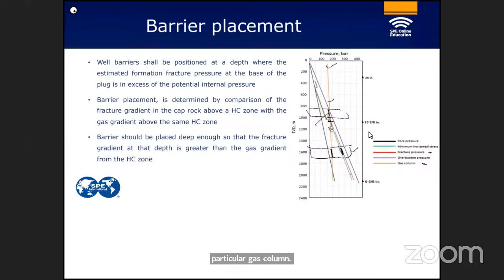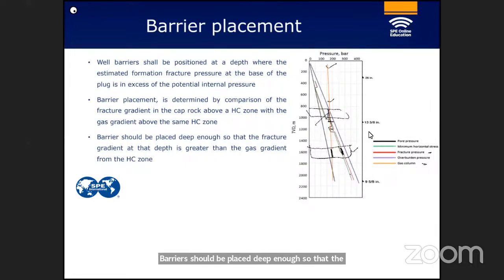So the well barrier shall be positioned at a depth where the estimated formation frac pressure at the base of the plug is in excess of the potential leak pressure. So the frac pressure of the rock should be higher than the potential internal pressure. Barrier placement is determined by comparison of the frac gradient in the cap rock above the hydrocarbon zone with the gas gradient above the same hydrocarbon zone. The barrier should be placed deep enough so that the fracture gradient at that depth is greater than the gas gradient for the hydrocarbon.